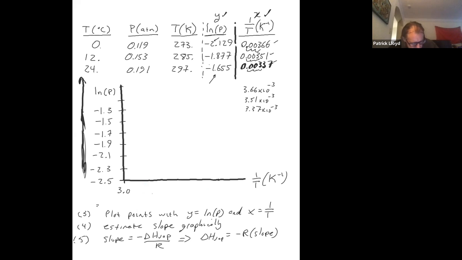I'm sorry. 3.1, 3.2, 3.3, 3.4, 3.5, 3.6, 3.7, 3.8. Let's do it like that. Okay, so these are all times 10 to the minus 3, and that will be important when you try to calculate the slope. So make sure you got that in there, okay?